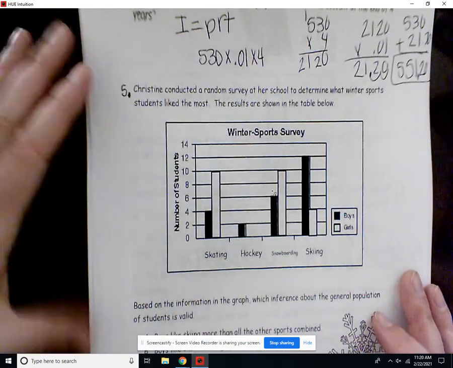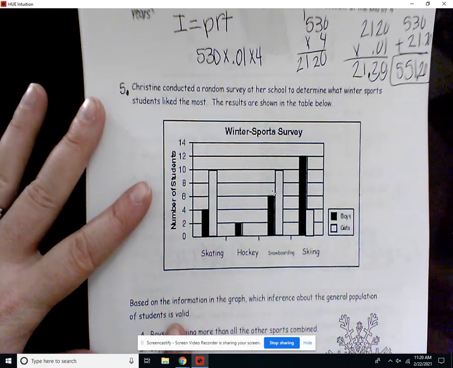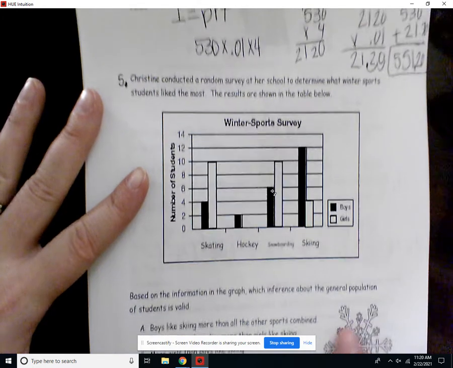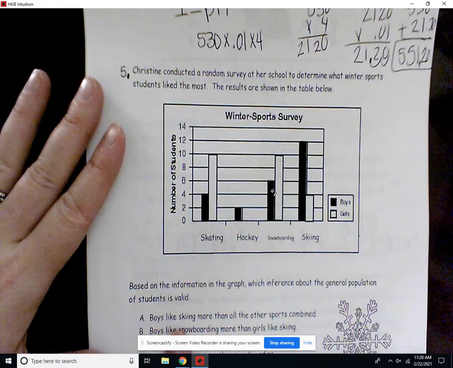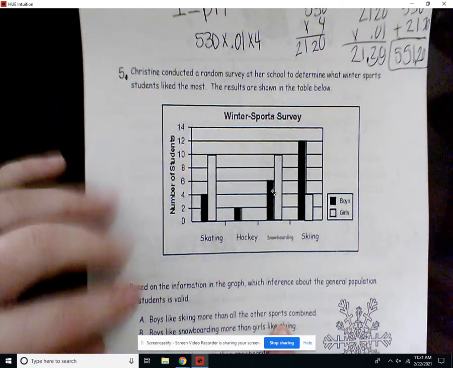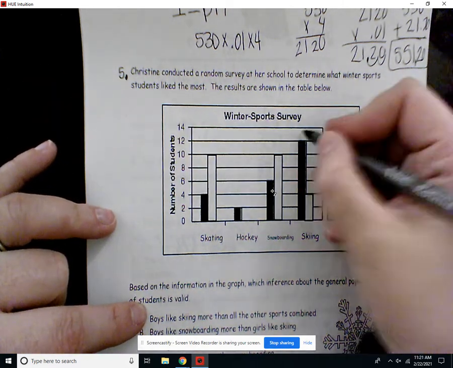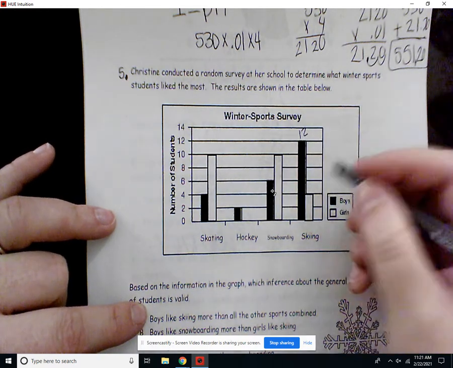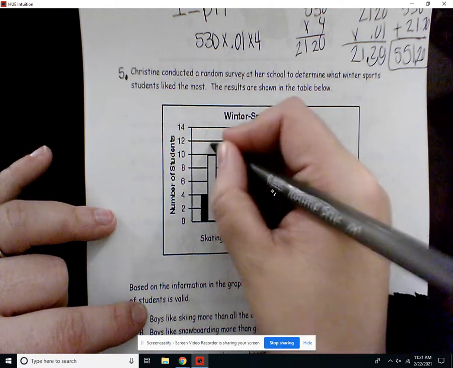All right, for this one we have a bar graph. Based on the inference in the graph, which inference about the population is valid? Valid means true. Boys like skiing more than girls like all the other sports combined. Boys, in black, is 12. Girls for all the other sports is 4, 10, and 10. That is false.